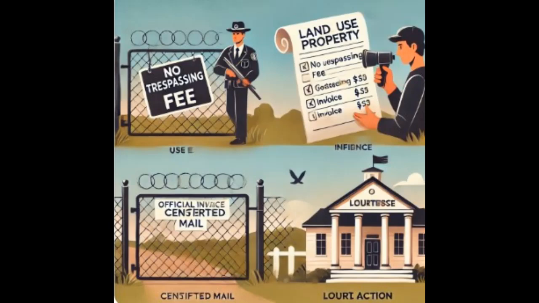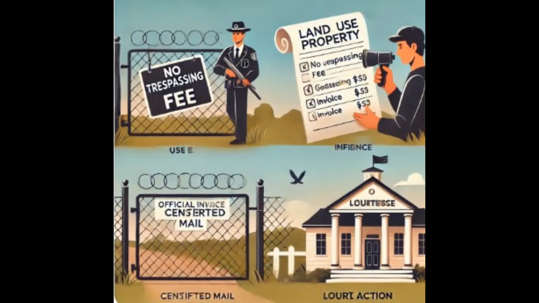The letter should include details of the incident, when and how the land was used or trespassed, the legal basis for charging the fee, e.g., citing specific laws or contractual agreements, the exact fee amount and payment terms, e.g., due date, method of payment, and a warning of further legal action if the payment is not made. Certified mail. It's best to send this letter via certified mail or another method that provides proof of receipt, so you can show that the trespasser was formally notified of the fee.